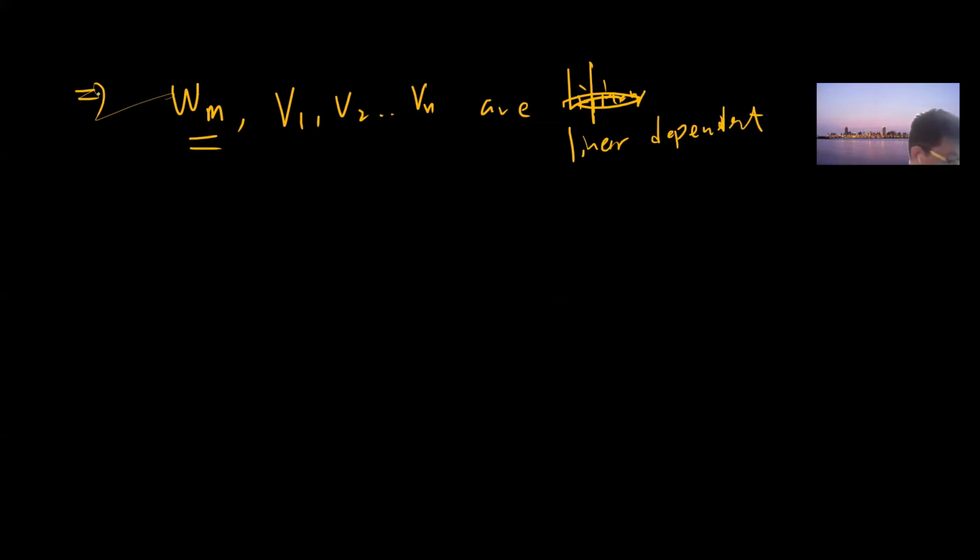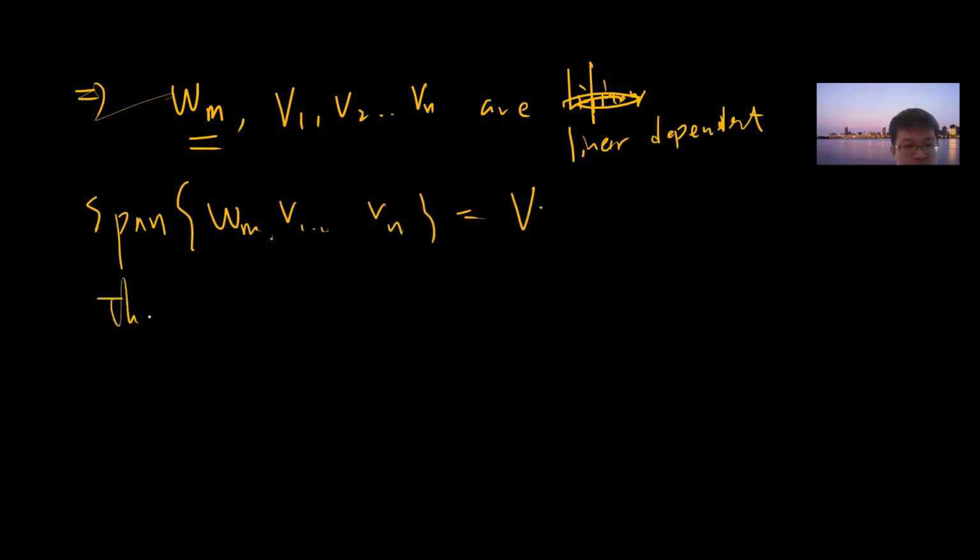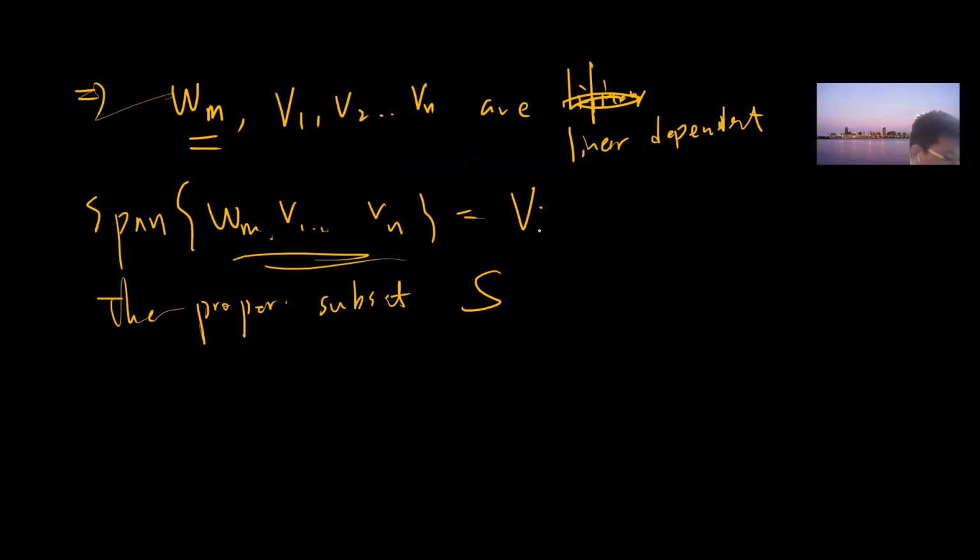So they are linearly dependent, and they also span V. So by definition, the proper subset S in this set will span V.